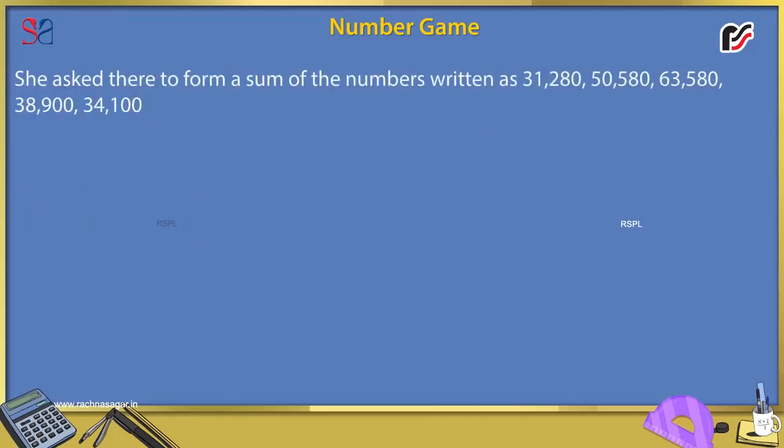She asked them to form a sum of the numbers written as 31,280, 50,580, 63,580, 38,900, 34,100.